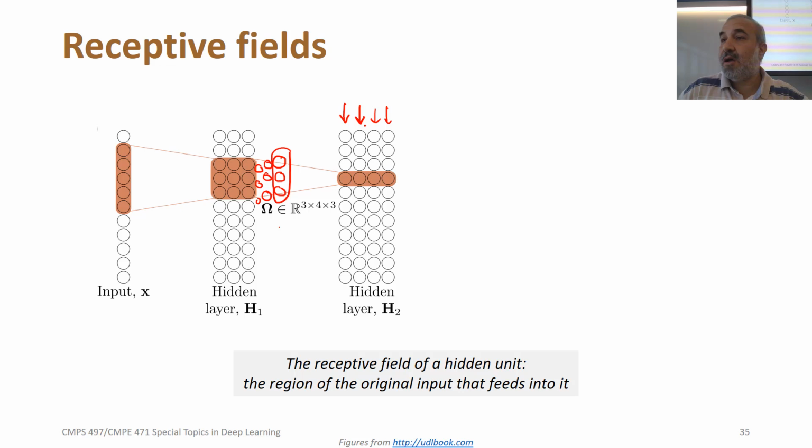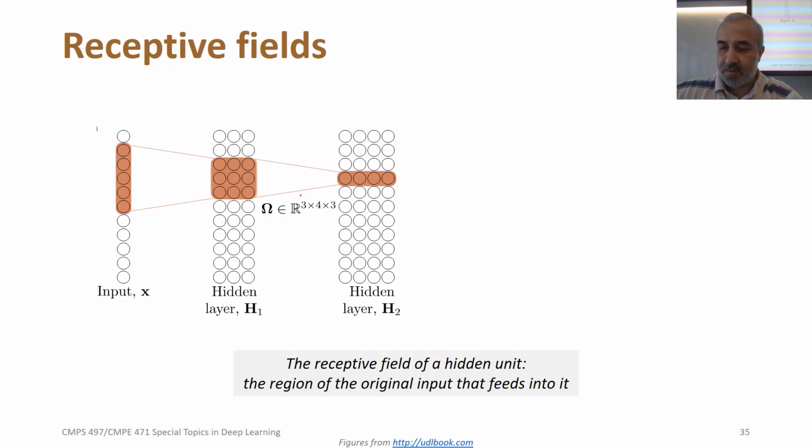Oh no, no. The size is not 3 because we have 3 input channels. Even if we have 10 input channels here, still the size of the kernel is 3. But now the number of weights will be 3 times 10. Let me erase all of that because we don't need it now.